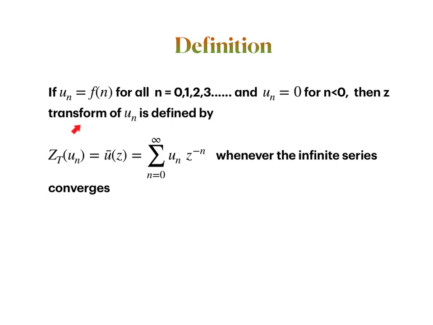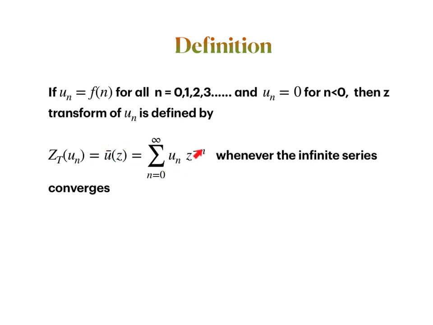Then Z transform of that Un is denoted by Z of Un symbolically, or you can also denote this as U bar Z, and the definition is summation n equal to 0 to infinity Un Z power minus n, whenever the infinite series converges. This is provided when the series is convergent.